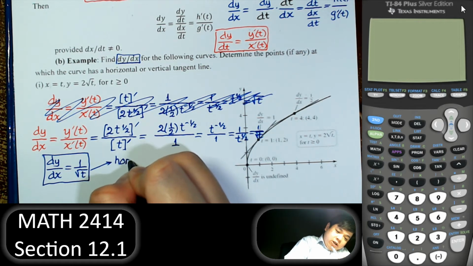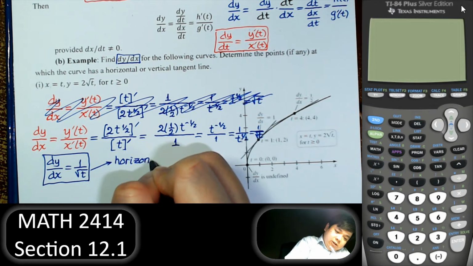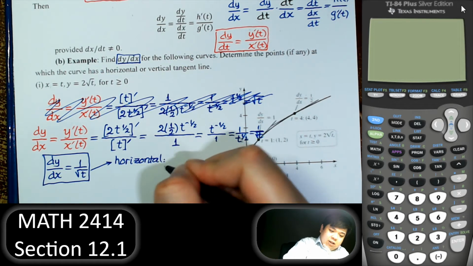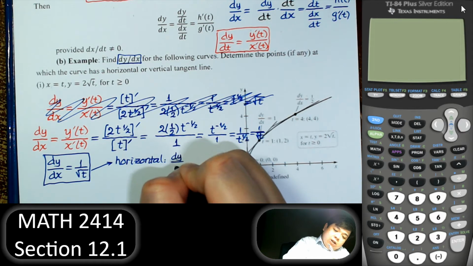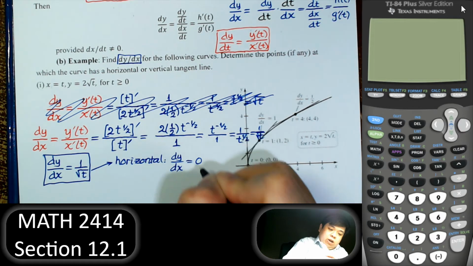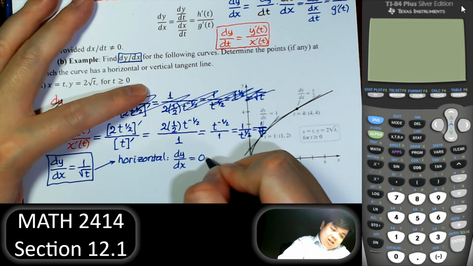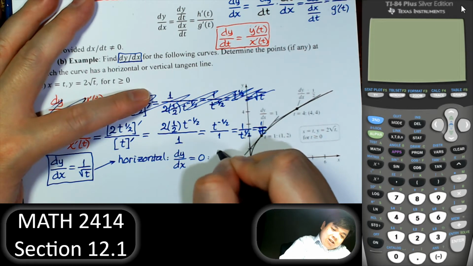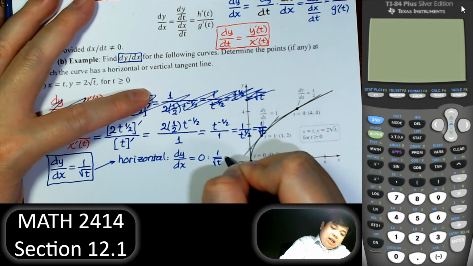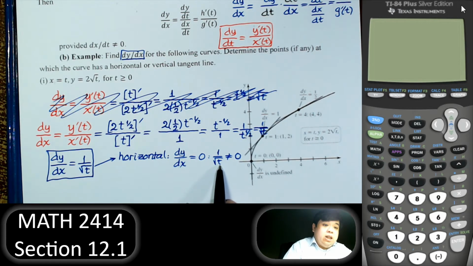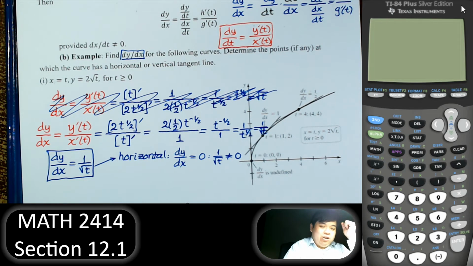If this is horizontal, that means the slope is equal to 0, and this function cannot be equal to 0, so that will be none. 1 over square root of t cannot equal 0, because we cannot choose t to make this equal to 0. We have 1 on top, so it cannot be equal to 0.